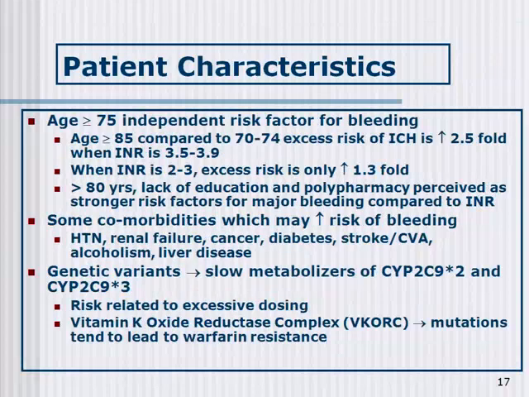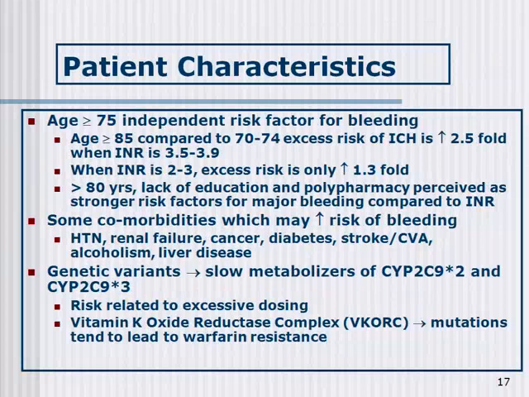So slide 17, what about patient characteristics? Well, age has been shown to be a risk factor for bleeding. And 75 appears to be an important point at which, above that age, patients have an increased risk of bleeding when they're on warfarin.